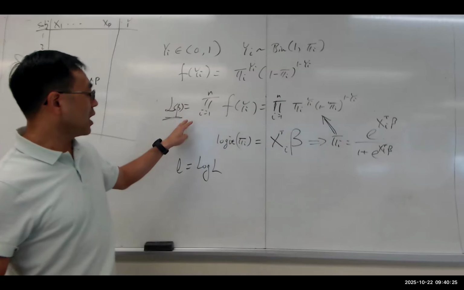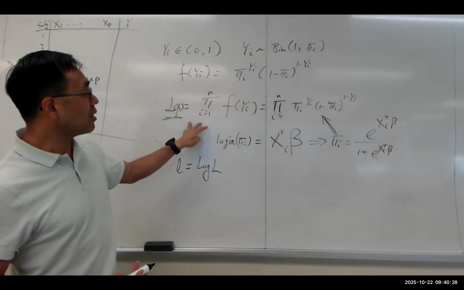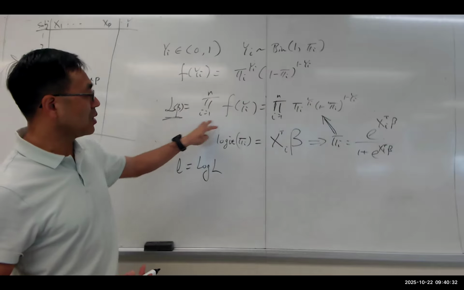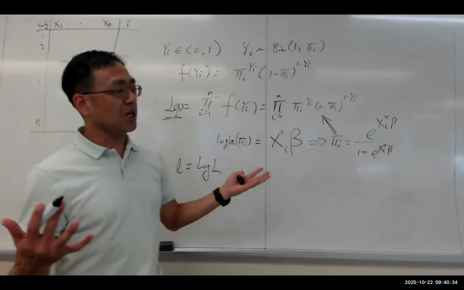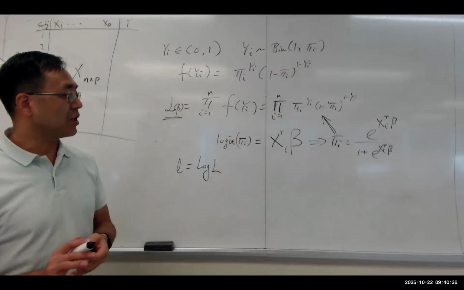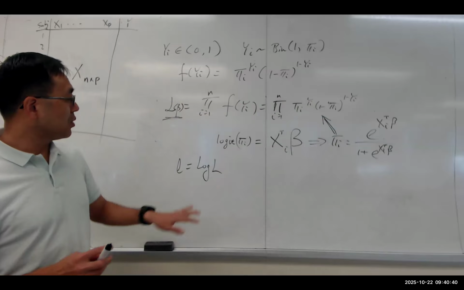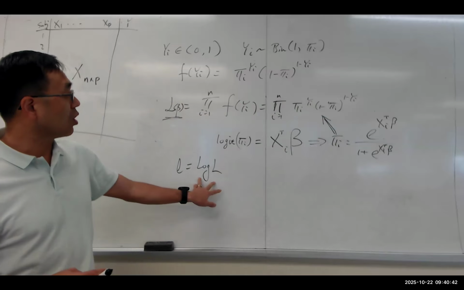If you try to use the gradient method to solve for the maximization, you have to take the derivative of the likelihood with respect to each beta, and it's very difficult to evaluate the gradient.